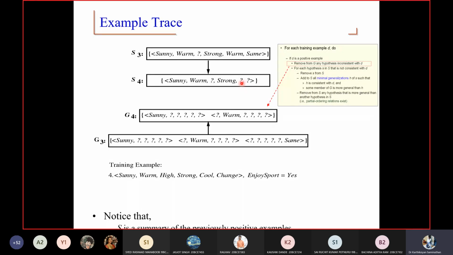From here, I need to generate G4. I need to just copy the reference, a memory reference. It's a copy reference. So for G4, where will I take it from? I need to take it from G3. So now I need to check here. G3 is nothing but this statement: sunny, warm, and same.